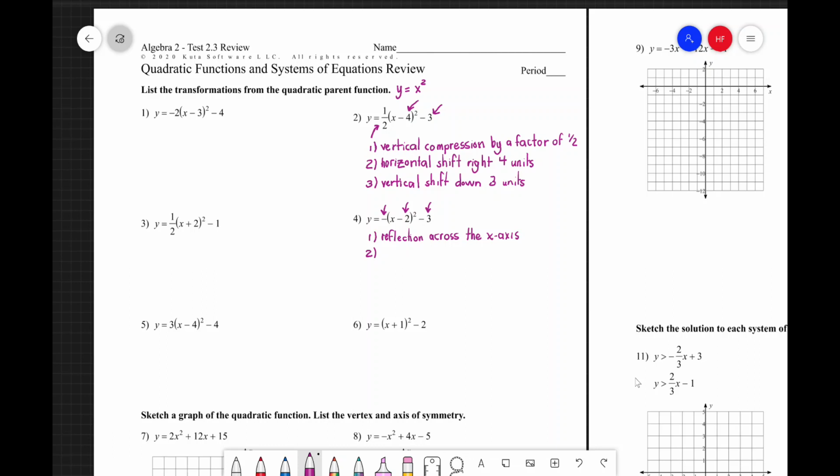Inside we think opposite, so that's a horizontal shift to the right. And then the third thing that I see is that -3, which is a vertical shift or translation. And that's down because we take it as it is, 3 units.